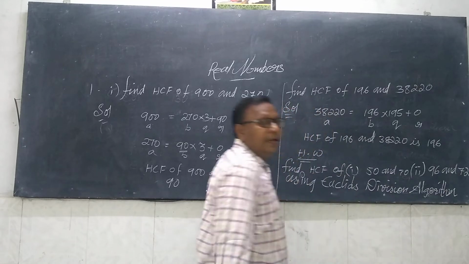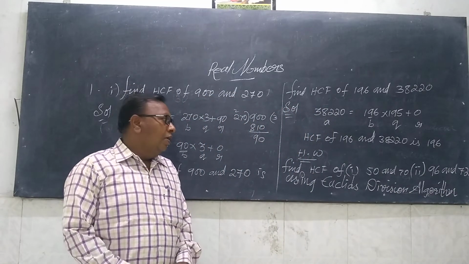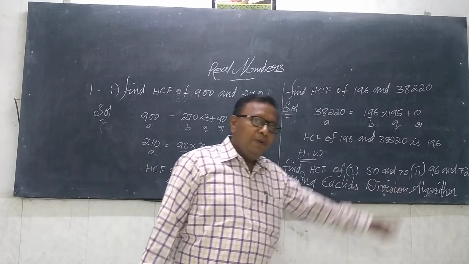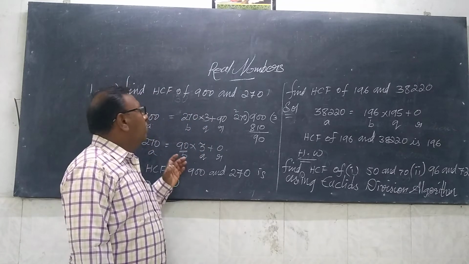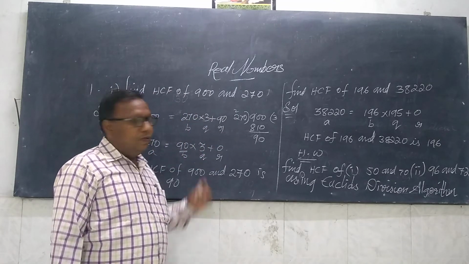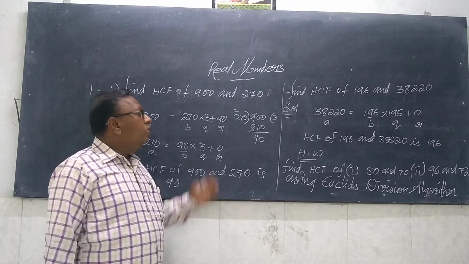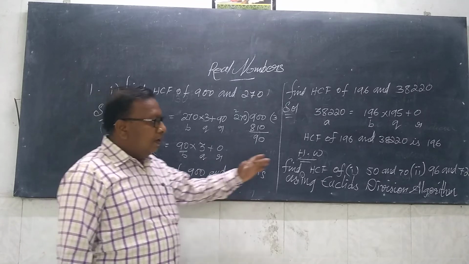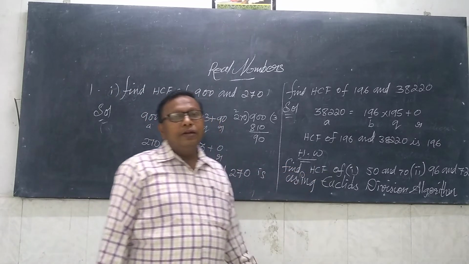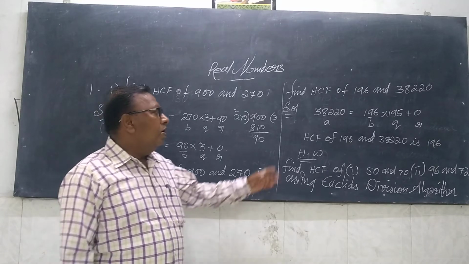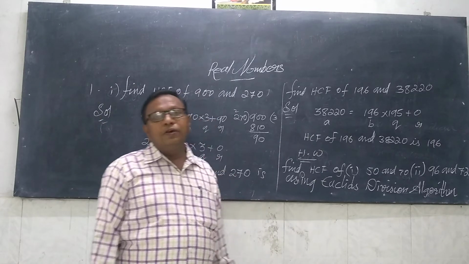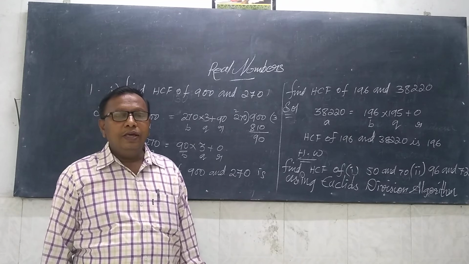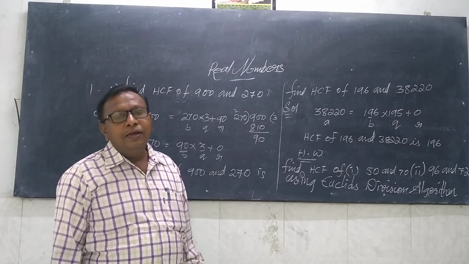If you solve these two problems, you have already been explained two examples here. So with this you can easily learn how to find the highest common factor using Euclid's division lemma.